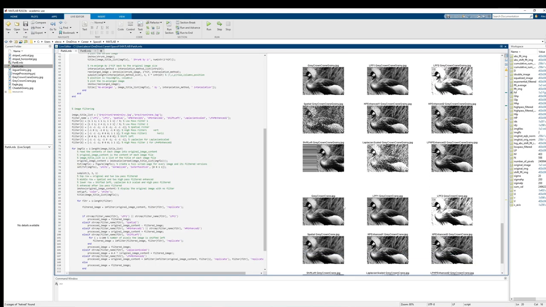With signal processing, it's easier to think about when you have some high frequency AC signal or some low frequency AC signal. Of course, the low pass is going to allow the low frequency signals and the high pass is going to allow the high frequency signals. But when you think about it in terms of an image, you have to think about it a little differently, and it seems a little strange at first.